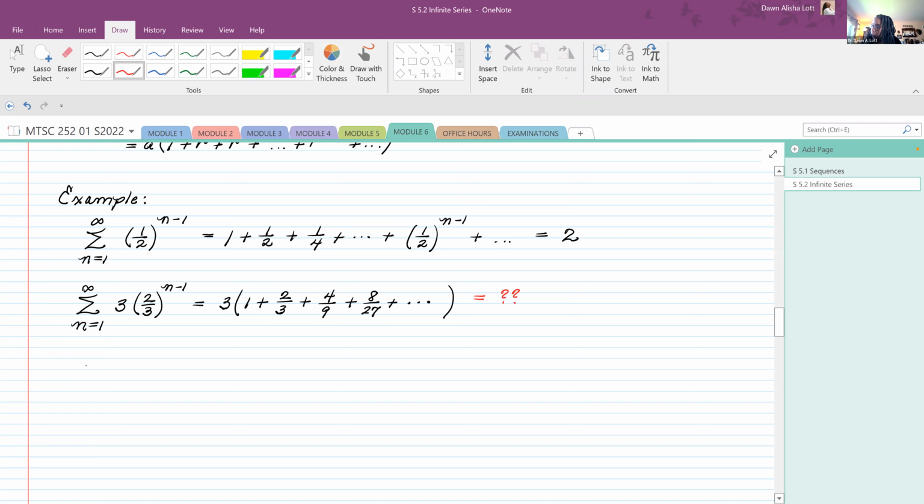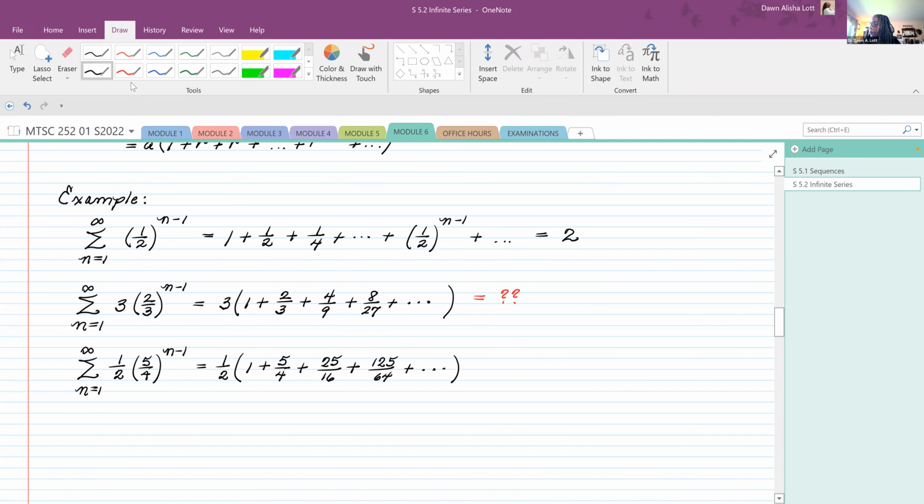How about this one? The sum n equals 1 to infinity of 1/2 times 5/4 to the n minus 1. So this one looks like 1/2 times 1 plus 5/4 plus 25/16 plus 125/64 plus dot dot dot.